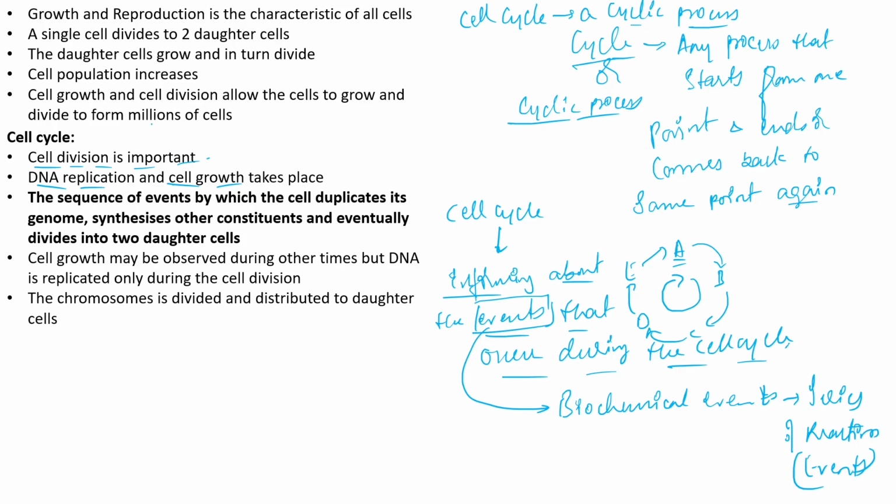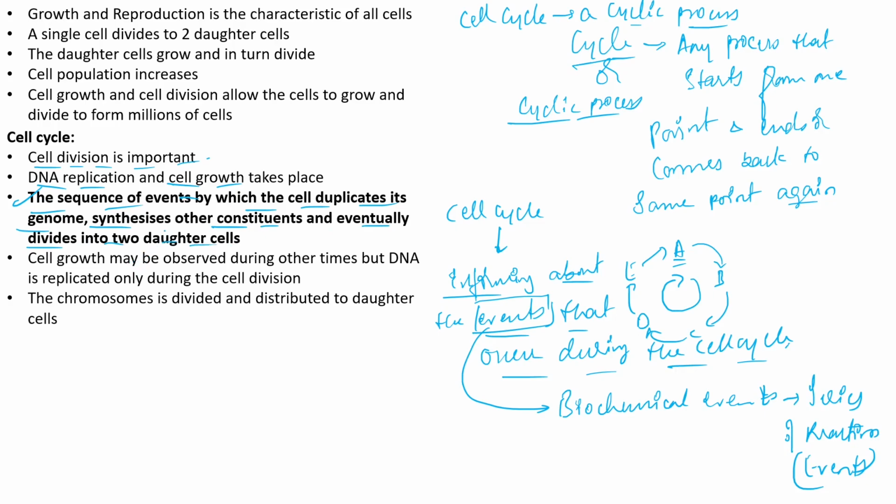So here we have the definition for the cell cycle: the sequence of events by which the cell duplicates its genome, synthesizes other constituents, and eventually divides into two daughter cells. That is called the cell cycle, right?